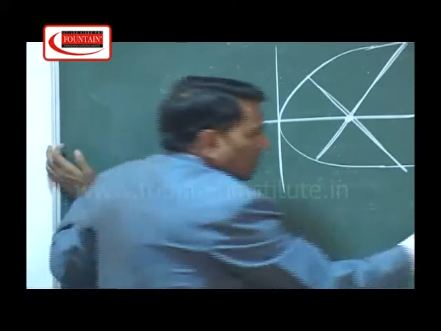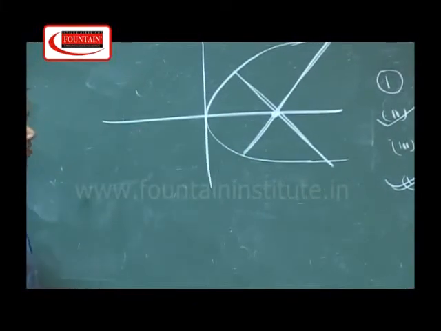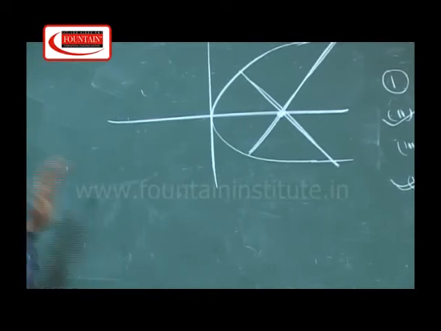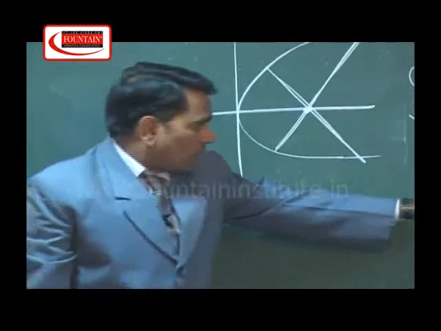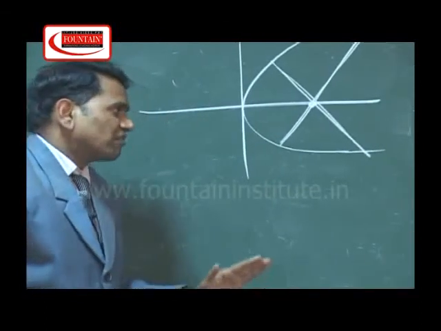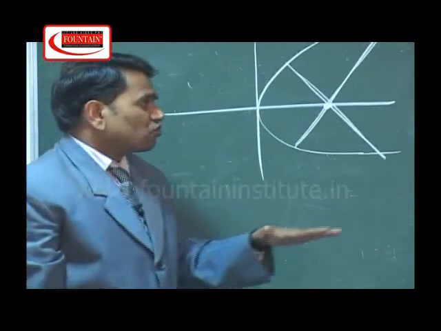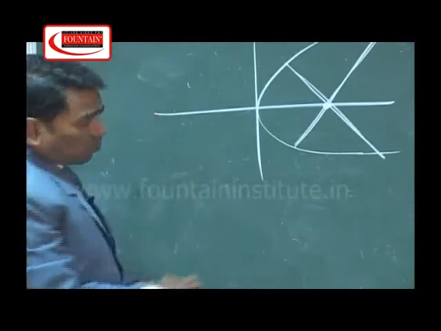Now the last one is how to calculate the vertex of the parabola. You have to focus mainly on this thing. Suppose the parabola does not pass through the origin; it passes through somewhere else.